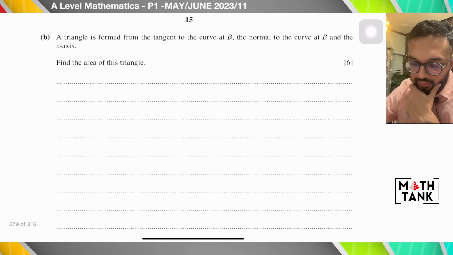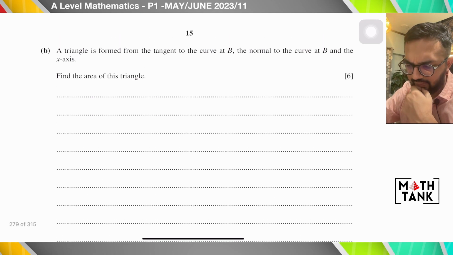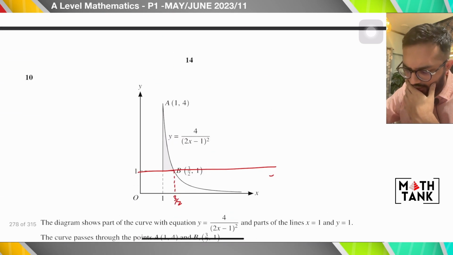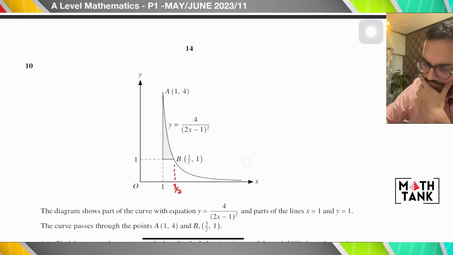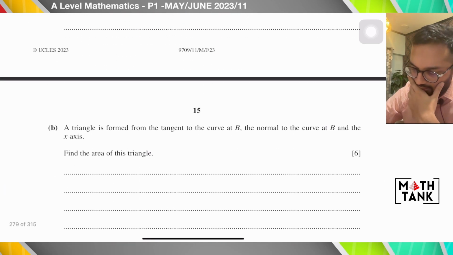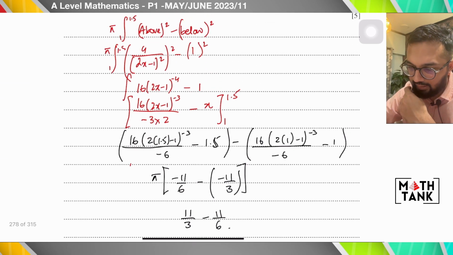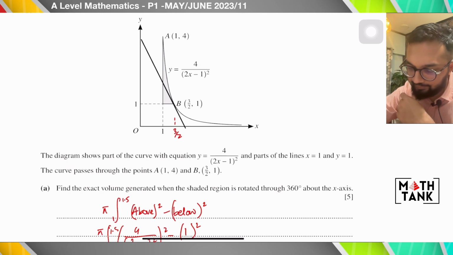Then it says in part B, a triangle is formed from the tangent to the curve at B, the normal to the curve at B, and the x-axis. There isn't a tangent drawn. Let's draw that then. Okay, so there's a normal as well.